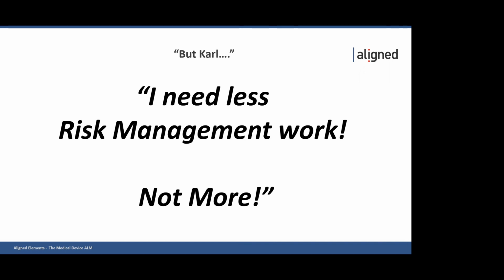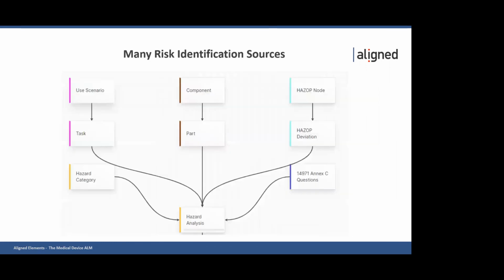But I don't think that for each risk identification method you add, you necessarily add a linear amount of additional risks, because we're going to reuse the already identified risks in the different methods. So we might have a hazardous situation that comes from our HAZOP analysis that we later see is exactly the same one that comes up from our use scenario analysis.